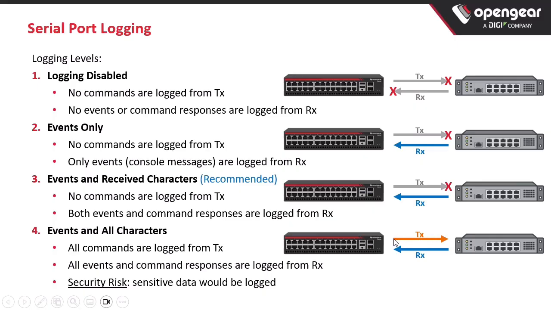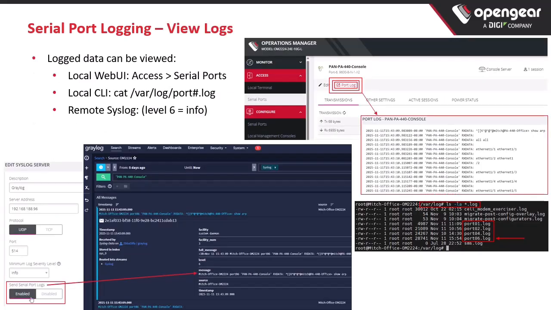The reason we don't generally recommend this is it would capture potentially a password, something that an operator types in clear text that is then echoed back in obfuscated text. The clear text values would be logged as well as the echoed back obfuscated values, because you'd be logging the TX stream and the RX stream. So just keep in mind what is logged and when and where, depending on the option you choose.